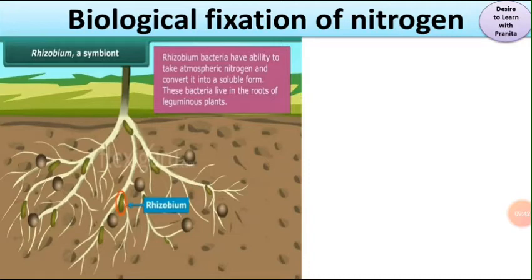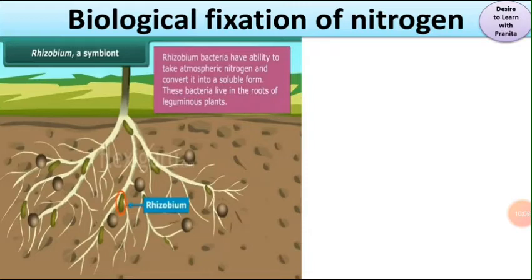You have to remember that proteins are made from carbon, hydrogen, oxygen and nitrogen. For protein, the plant will need nitrogen. So where will they take it from? The nitrogen is present in the air, 78% nitrogen is present.